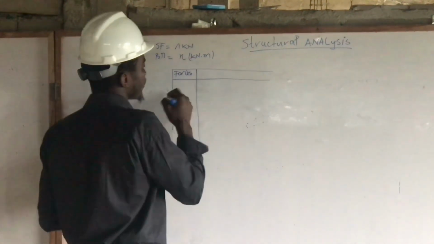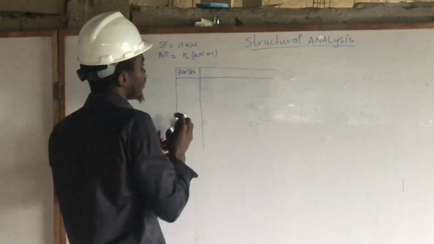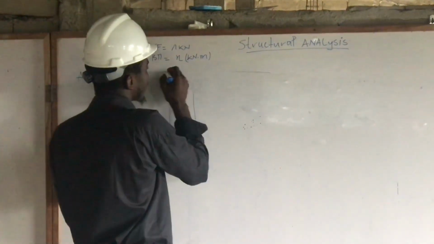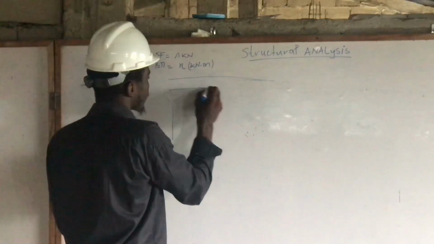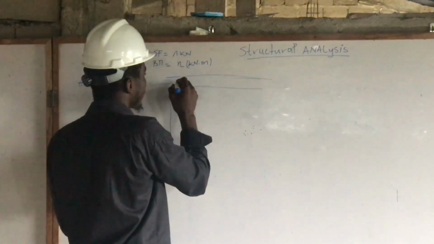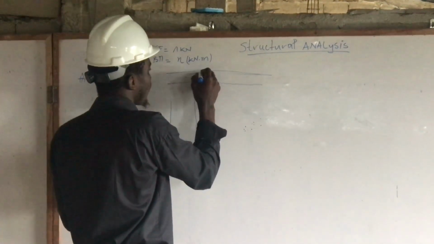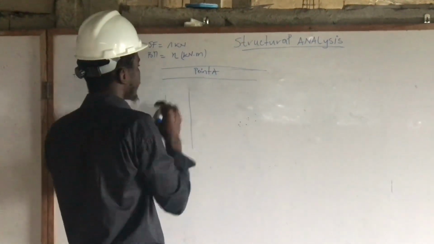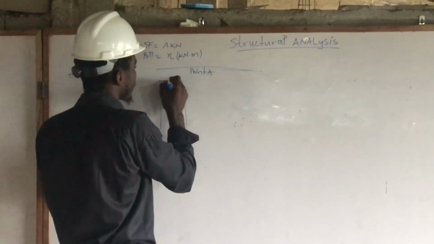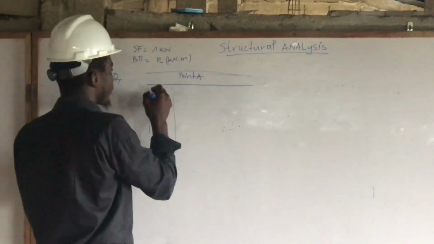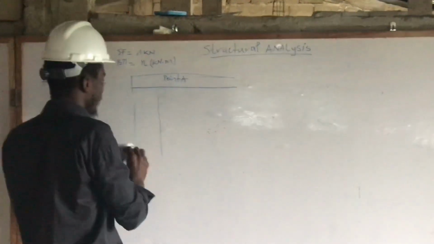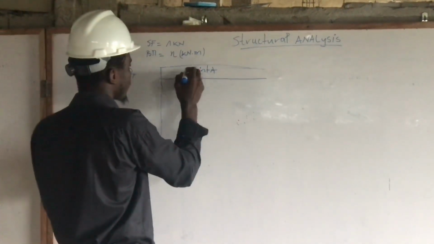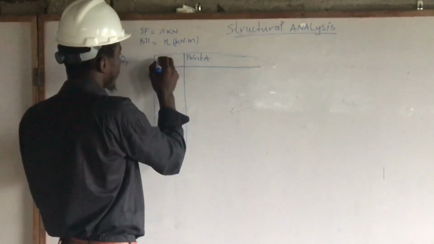Apart from the force, you have the point, let's say point A. So as I said, the first column will be for the forces.